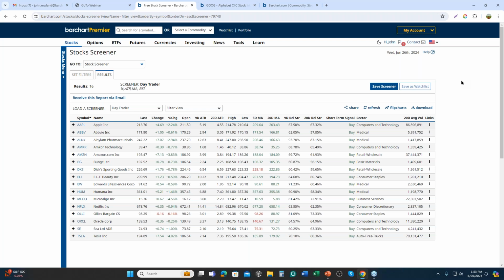Again, on the downside, if I subtracted $4.50 from my high on the 20, that would put me at around 210.30, and $5 puts us at around 209. Now notice that the 9-day ATR subtracted from the high, again, I would look at the first 30 minutes, but in this case, we're just using the data that's in front of us.